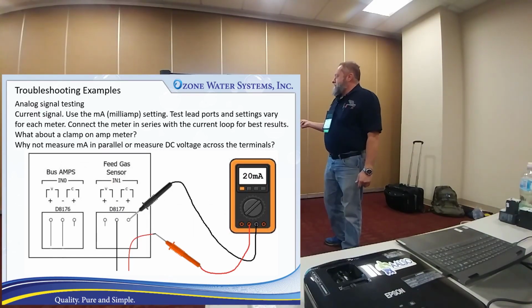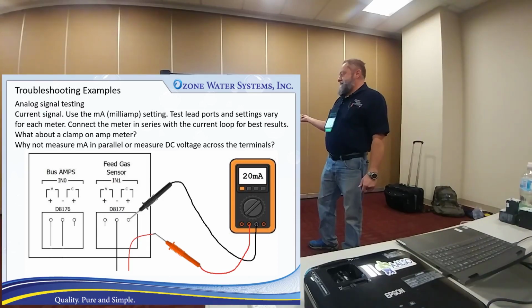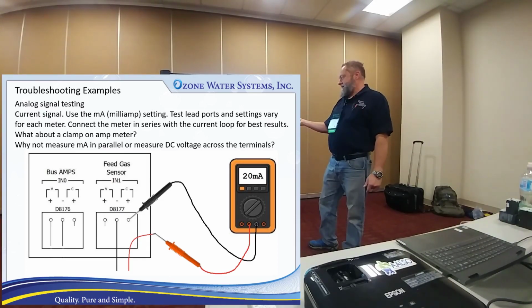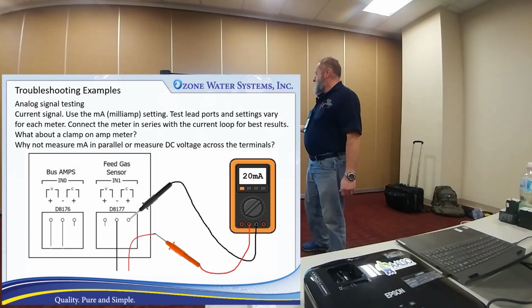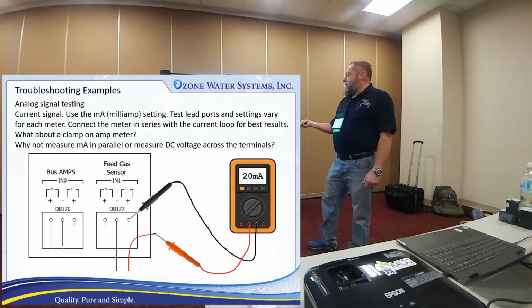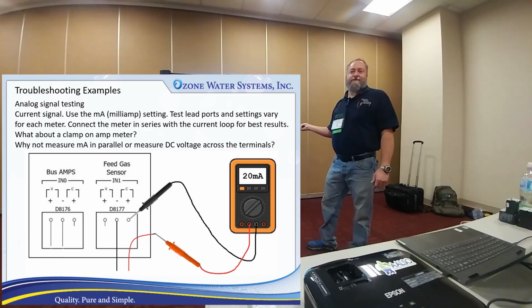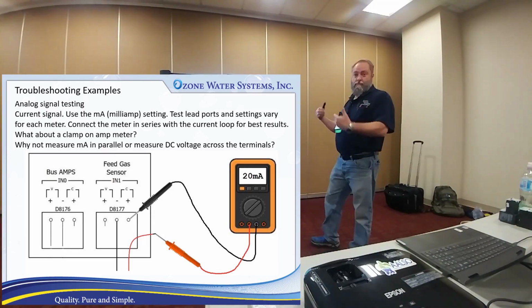Your other option is to actually measure DC volts. You can get a DC voltage drop across that. You can do that when this thing's running. You're not going to fry anything, but your results are going to vary. Again, kind of like the milliamp, but even more.